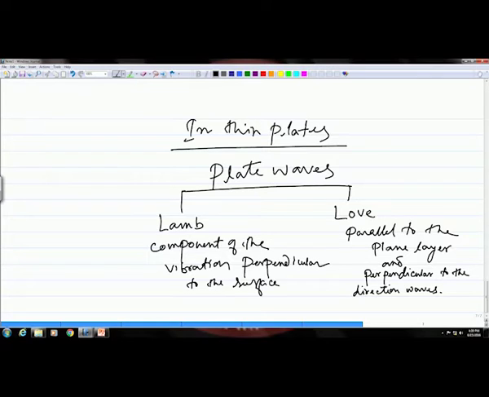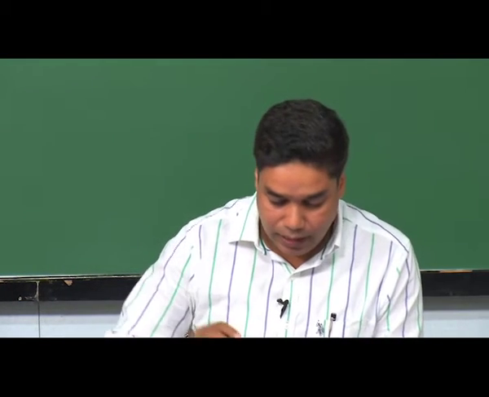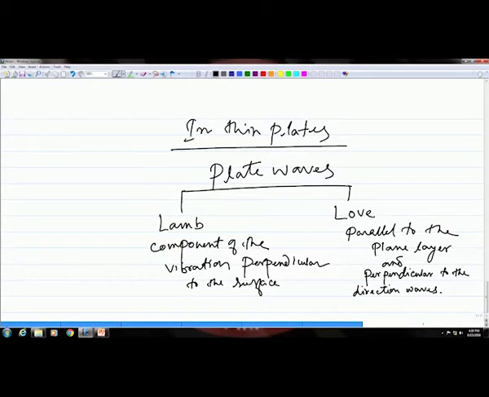Okay, so these are two different types of plate waves that you can find on thin plates. One is Lamb and another is Love. Okay. And in the Lamb waves you can have a symmetric Lamb like this.